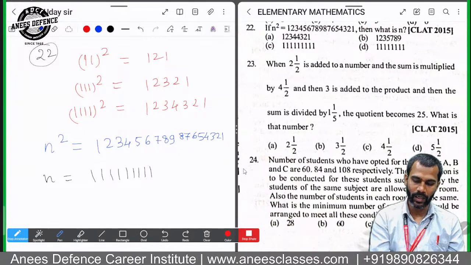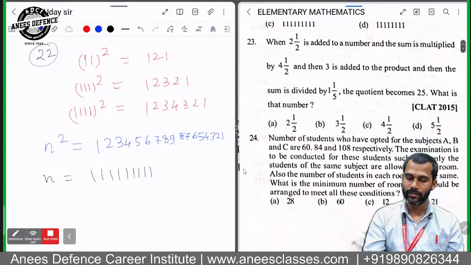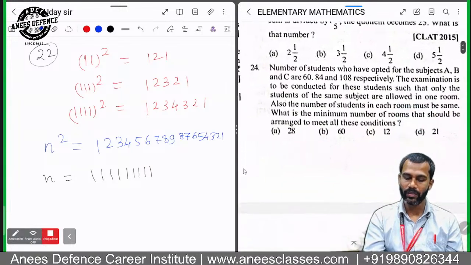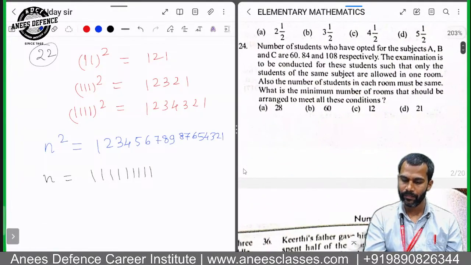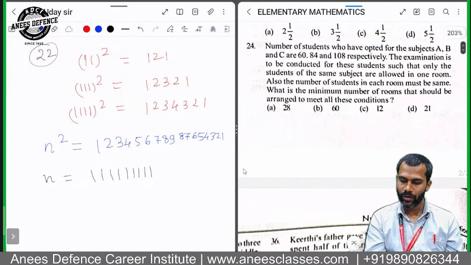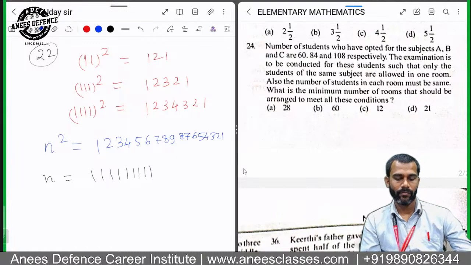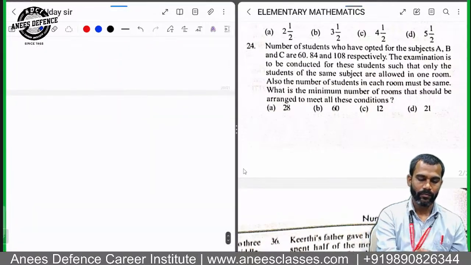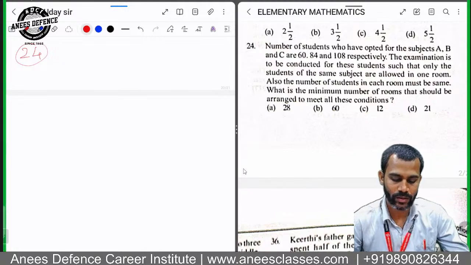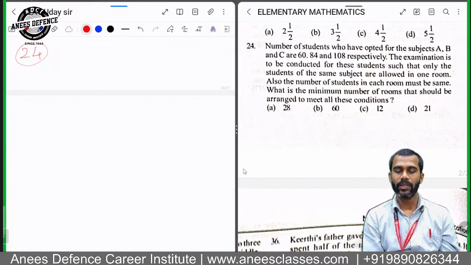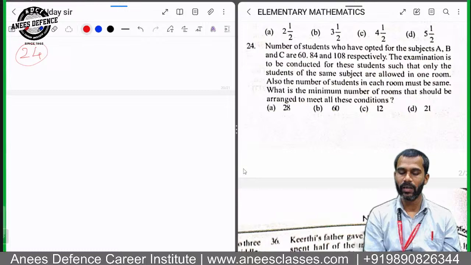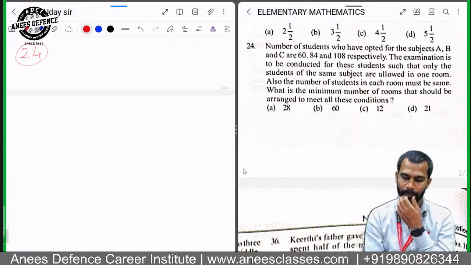Okay, next one. Please try to solve question number 24. The number of students who have opted for the subjects A, B, C are 60, 84, and 108 respectively.